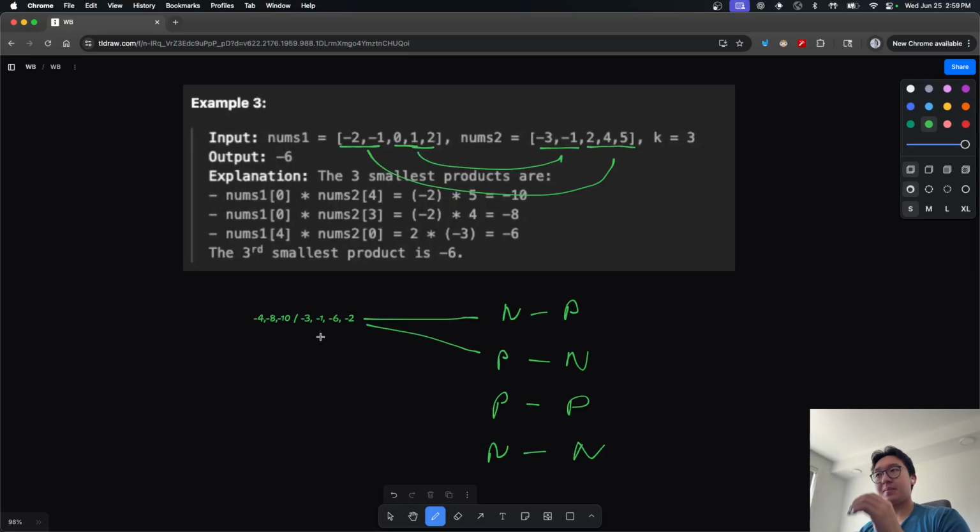Oh my gosh. In the worst case here, we can stop early when we get to k elements because we are building them in ascending order. But the problem here is that in the worst case, we will still have to go through every single product in the arrays, and that will be n squared, which is not good, right?